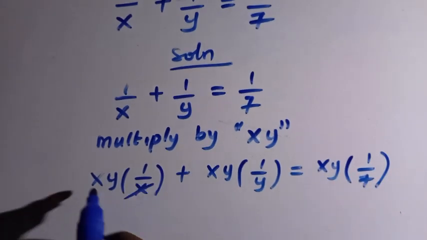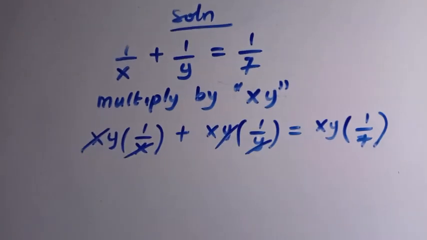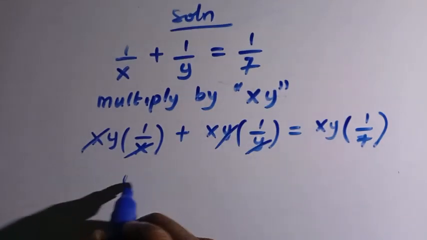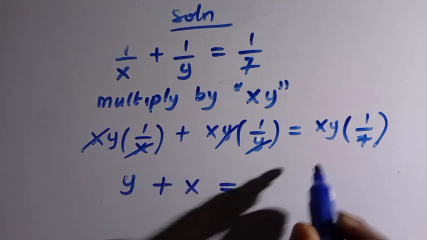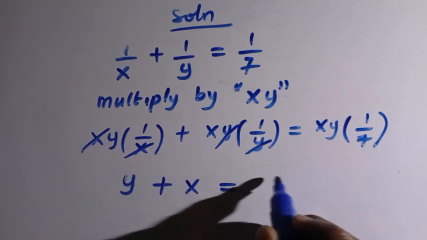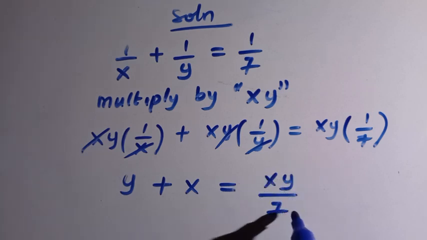Then from here we can see that x cancelled x and y cancelled y. So at this point we have y plus x equals xy divided by 7.